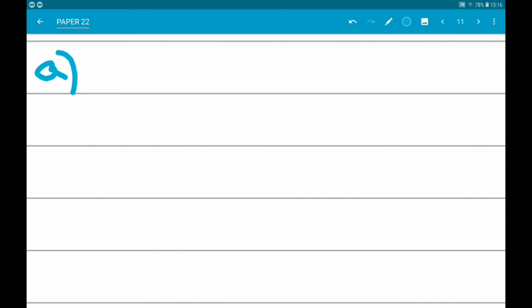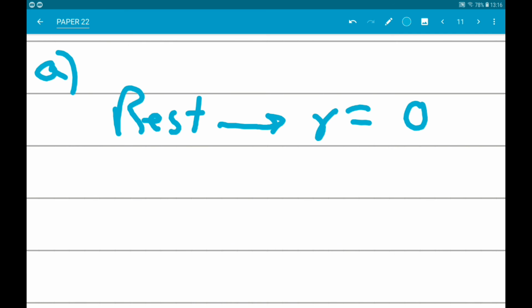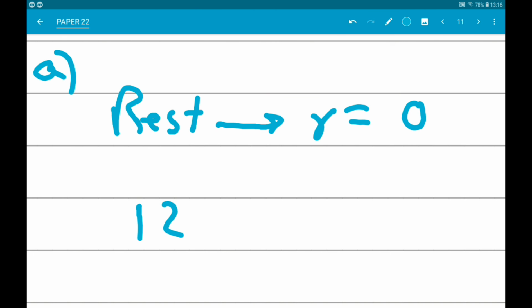Okay, so rest means that v is equal to 0. So that means 12 add 4t minus t squared is 0.